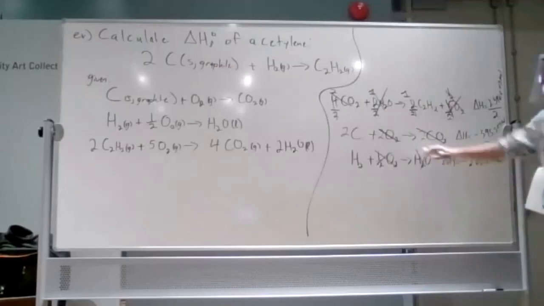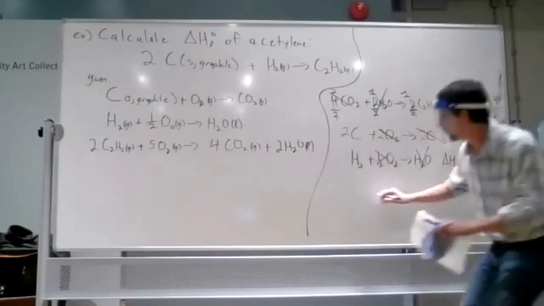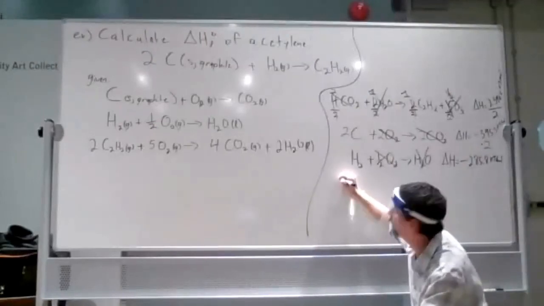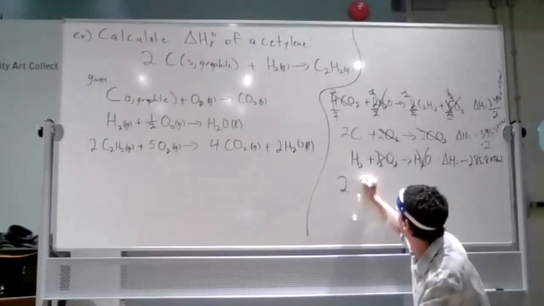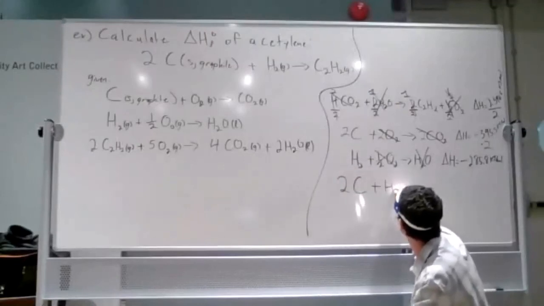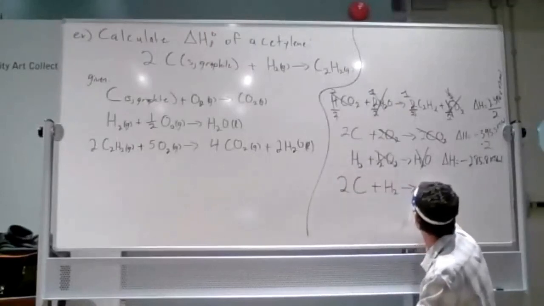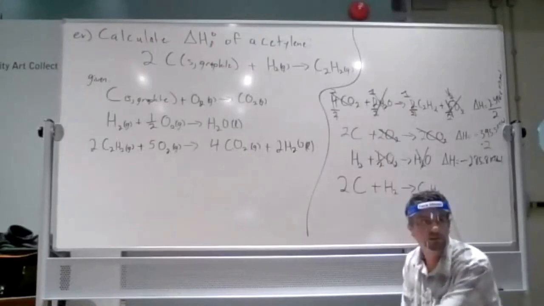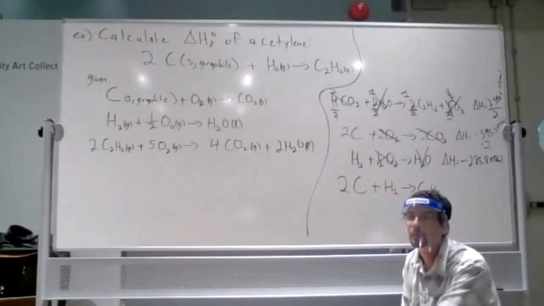Now, if we sum up everything, what's the overall equation we're going to get? Yeah, the original. We should get this guy. Now, how do we figure out delta H for this overall reaction?